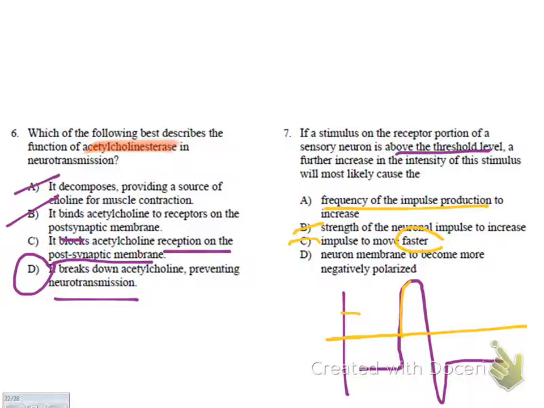It's not going to move any faster, and the neuron membrane to become more negatively polarized. Well, we're going up, so actually we're becoming more positive. And right here during depolarization, when sodium floods, it's becoming more positive. So the correct answer is A.